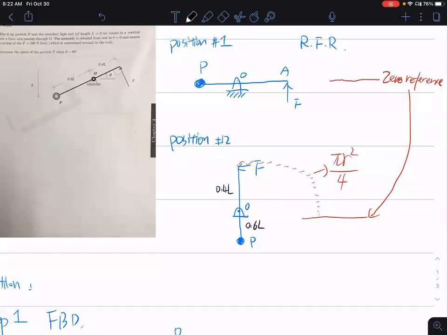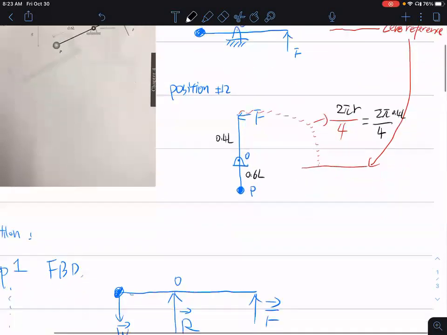Oh, yep. Sorry, my bad. Made a mistake here. That's not the equation. 2 pi r is the equation to calculate the length of the circle. So it's 2 pi r divided by 4. R in this case is 0.4 L. So plug that in. That's 2 pi 0.4 L.